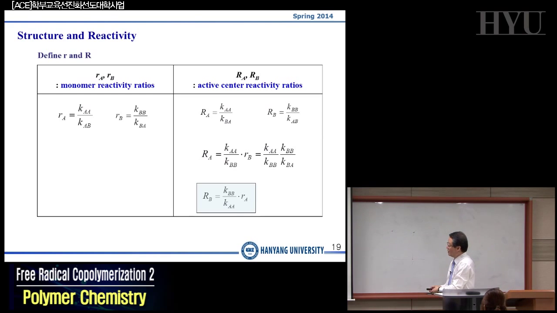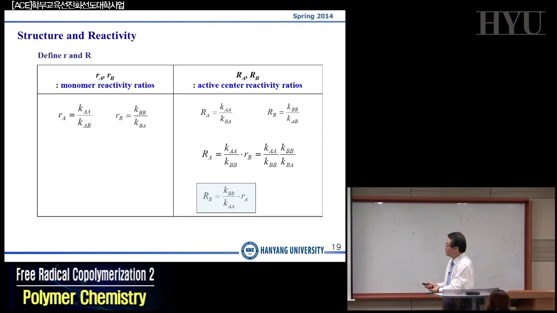So there might be some correlation between small r and large R. Small r and large R, in other words, the monomer reactivity ratio should have some relationship with the active center reactivity ratio. That's why I've emphasized that you need to define the active center reactivity ratios.